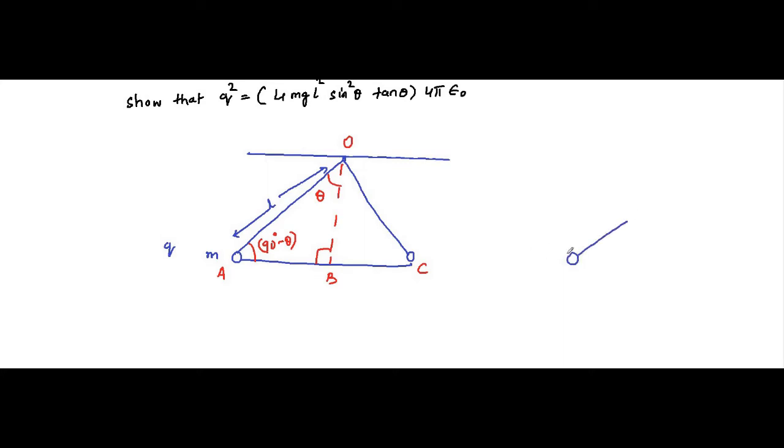On this sphere there are different forces acting. First is the electric force of repulsion. This will be acting in this direction because the two spheres are identical, so the electric force of repulsion pushes it away because of this charge q here. Another force is the gravity force, mg, mass multiplied with acceleration due to gravity.